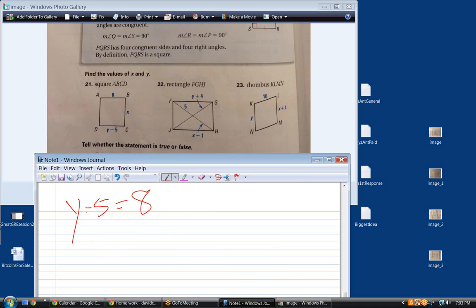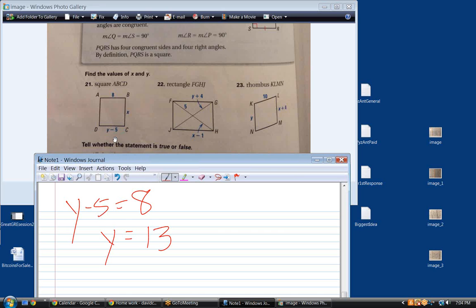Okay. So if y minus 5 equals 8, then what's y equal to? So if y minus 5, add 5 to both sides, that would be... Wait, no, y would just be 8, wouldn't it? No, you need to solve for it. And look at it. In other words, this side needs to be 8, so y would have to be 13, such that 13 minus 5 was equal to 8.